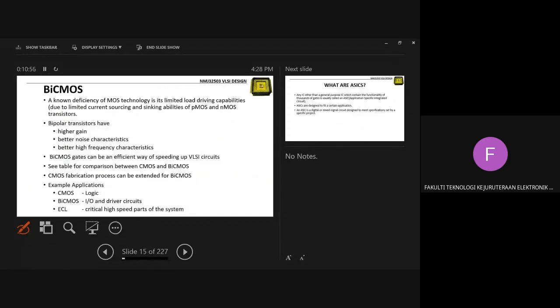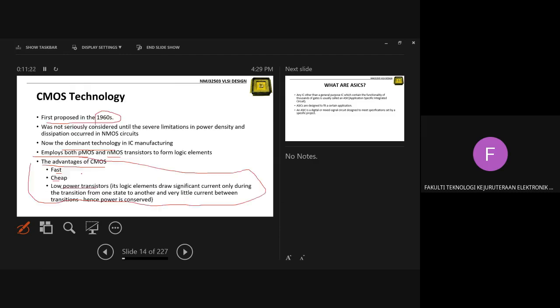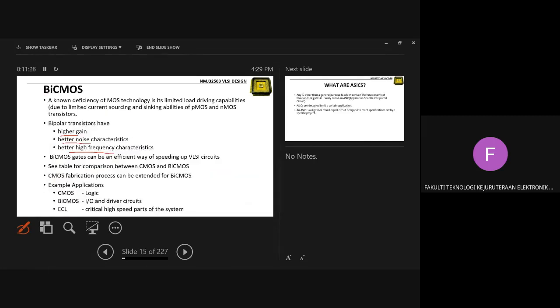We also have a different variation, what we call a hybrid. We have bipolar and CMOS. We take the advantage of bipolar, which is higher gain, better noise characteristic, better high frequency, and then we combine it with the previously mentioned CMOS advantages: fast, cheap, low power, and so on, and then it becomes BiCMOS. The deficiency of MOS technology is limited current sourcing and sinking ability of PMOS and NMOS transistors.